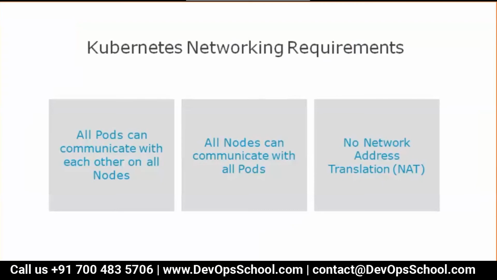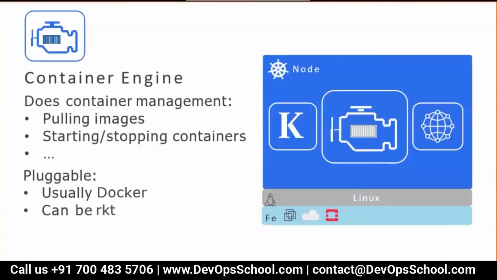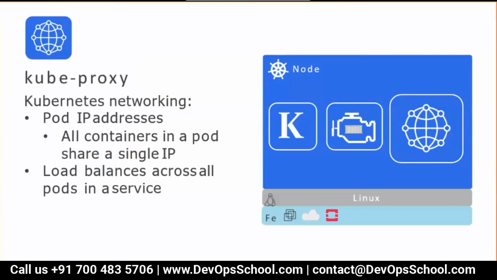Because, read this, all pods can communicate with each other on all the nodes, and all the nodes can communicate with all the pods. So load balancers can balance the pod, not a container here. And when you balance the pod, all the pods can communicate to all the pods within the cluster. That way the requirement is fulfilled with the help of kube-proxy.